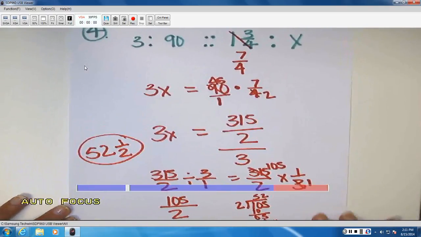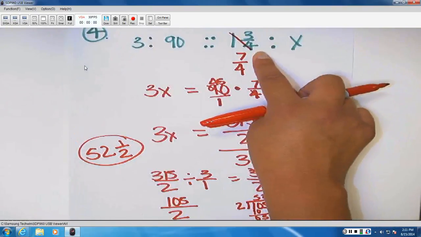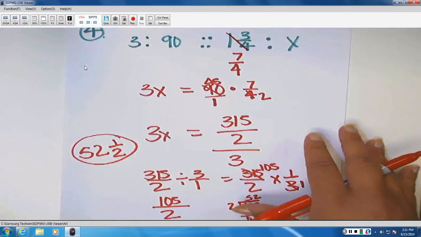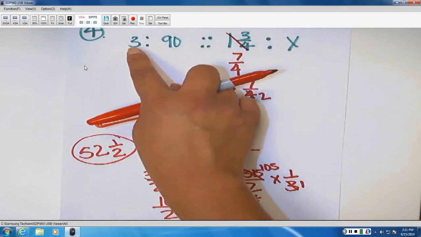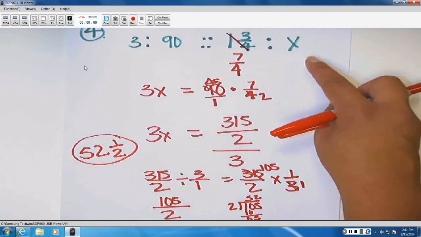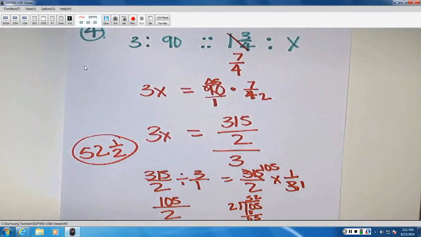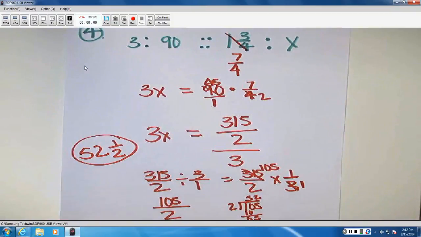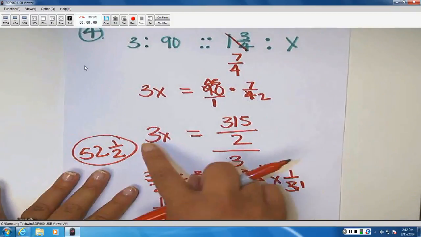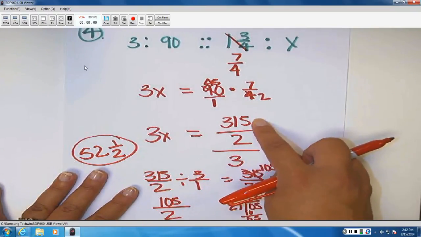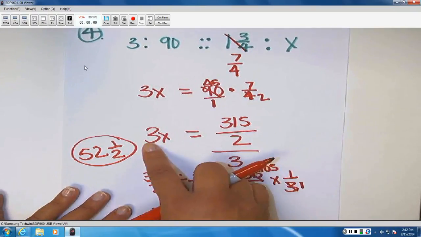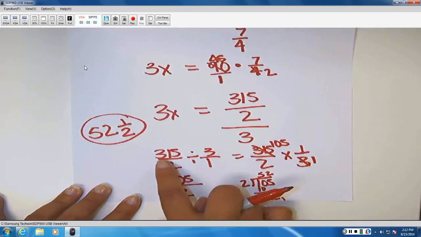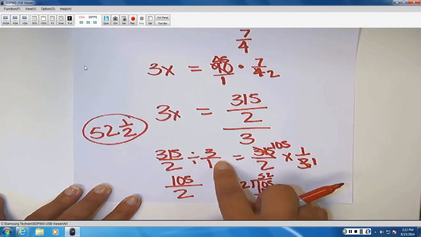So this was my original proportion, and I had a mixed number of 1 3/4 that I changed into an improper fraction. So then I was left with 3 is to 90 as 7/4 is to x, and I set my equation up, 3x equals 90 times 7/4. I did that math, and I ended up with 3x equals 315 halves. I then knew that I had to divide 315 halves by 3. So I set that equation up like this, 315 halves divided by 3.